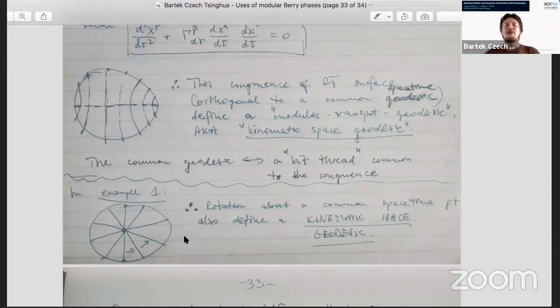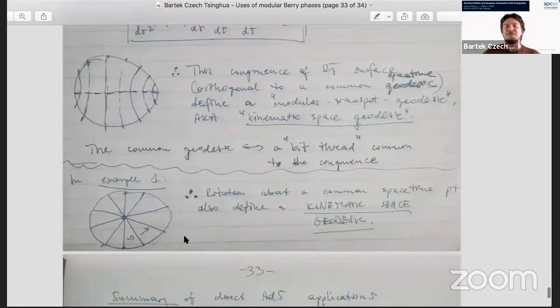In that case, parallel transport is being done by rotation, and geodesics correspond to points in the bulk of AdS. So this is a new and hopefully nice perspective on the emergence of the bulk.